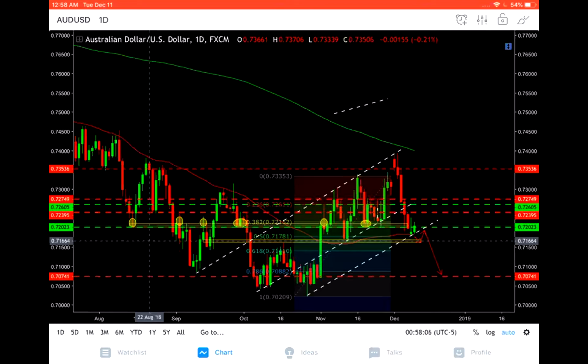Head and shoulder. There we go. You see that? That's what I want you to pay attention to. So if I drag my low from there, I don't know why it's not letting me draw.